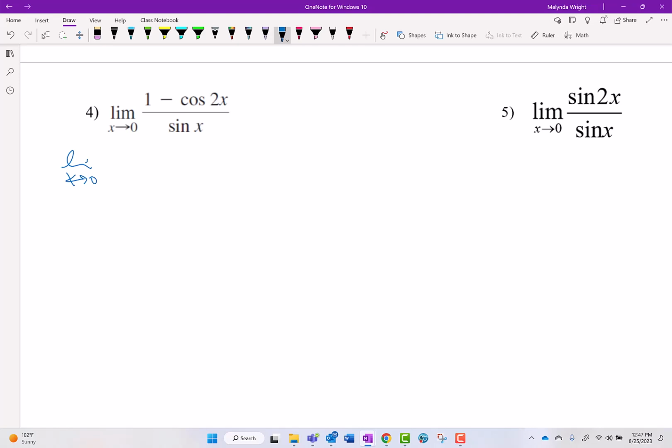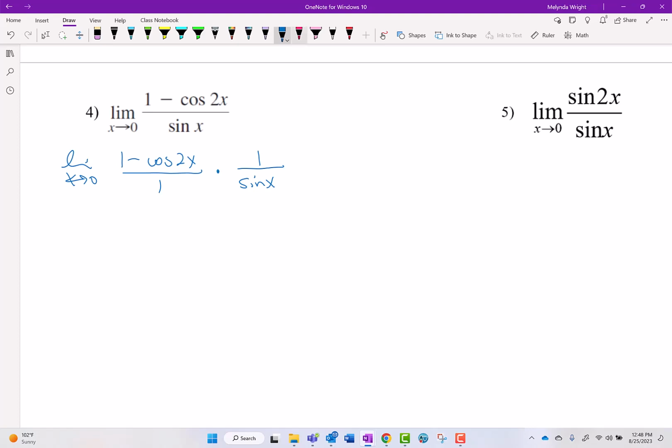So I'm going to pull this out, cosine 2x over 1, and I'm just going to show them as being separate. Because I really wish they were separate, right? Because we've got one of the limits that's like 1 minus cosine over x, and the other one is like sine x over x. So that's what I'm hoping for.